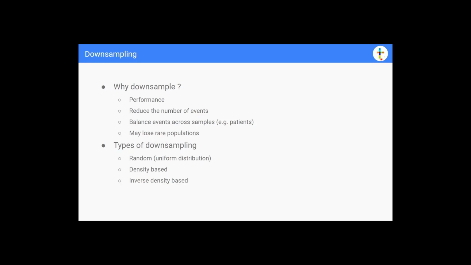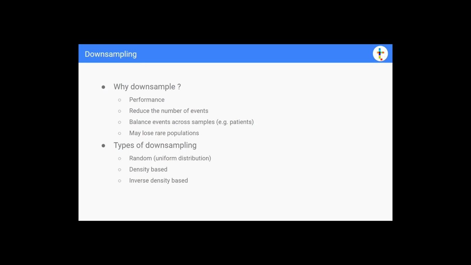There is a downside to downsampling, no pun intended, but the downside is that you might lose rare populations when you, of course, if you remove data, you might remove the baby with the bathwater, as it were. So I tend not to downsample myself, but I can see why you need it if you want to balance patients.